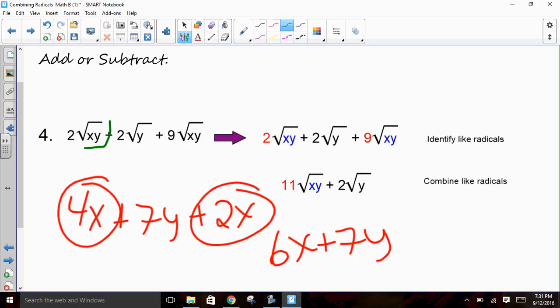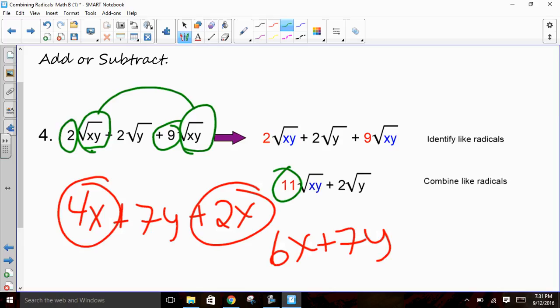So if you notice here, I have the square root of xy, square root of xy, so I'm going to take 2 plus 9, because I have the plus in front of the 9, which gives me 11. Notice my radical has stayed the same, and then that positive 2 square root of y comes with afterwards.